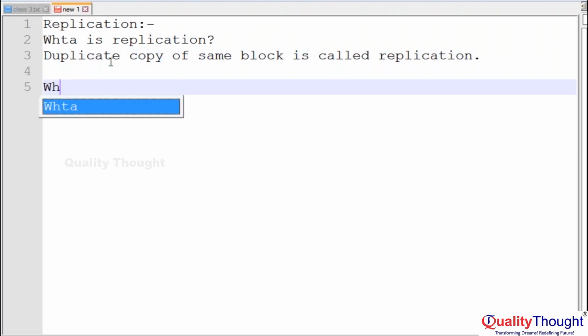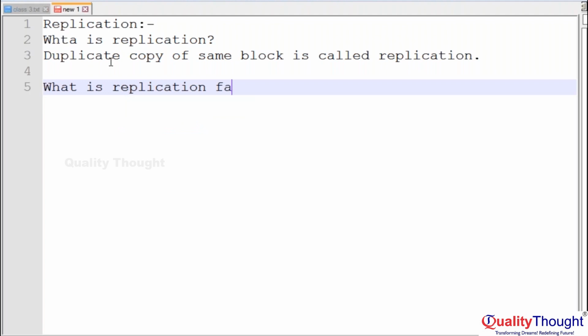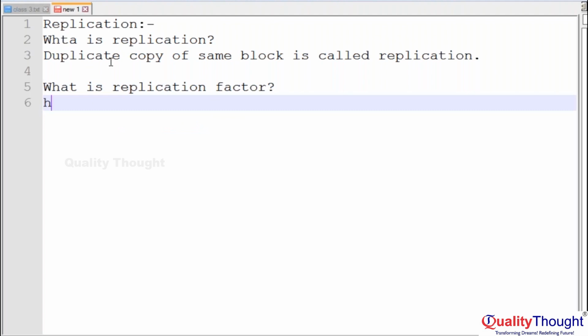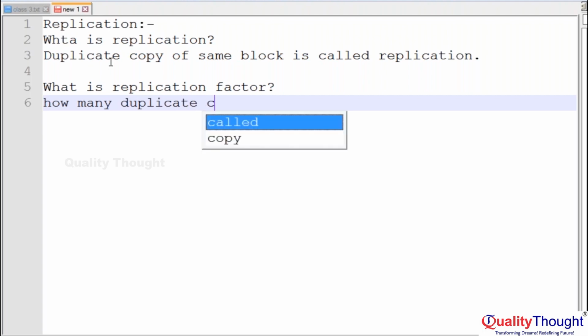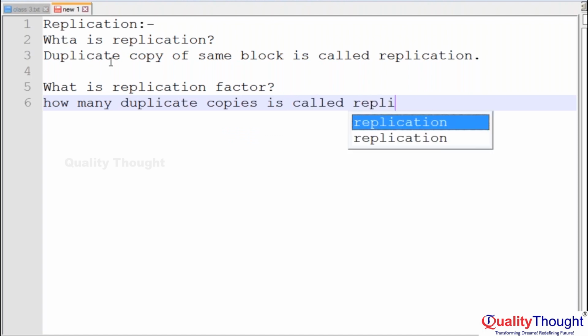What is replication factor? How many duplicate copies we maintain is called the replication factor.